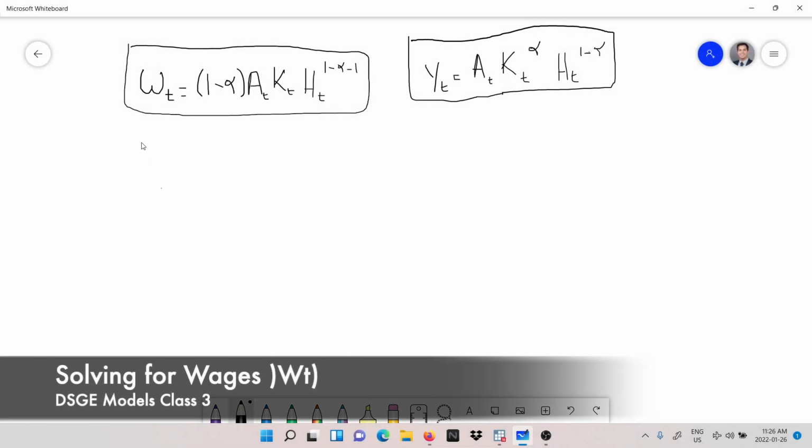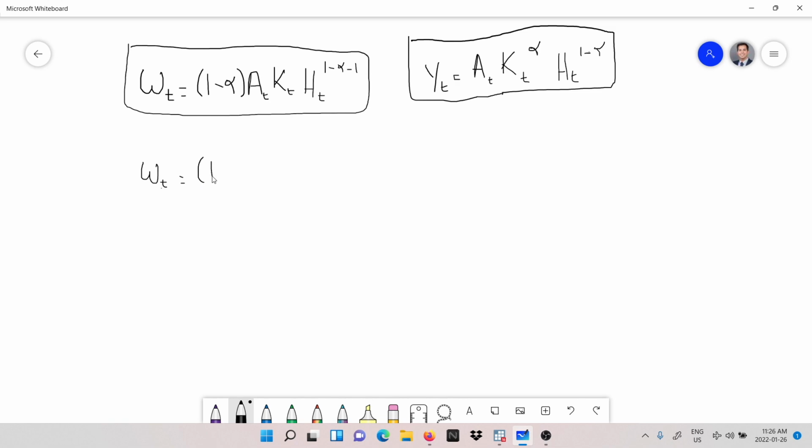Let's do the same analysis now for wages. We're going to do the same math in here that we did for returns. We are just going to copy this. Here I am missing an alpha. There we go. So we are just going to write KT^alpha, and then we are going to write HT^(1 minus alpha) times HT to the power of minus 1. As we did before, we can put the HT dividing.